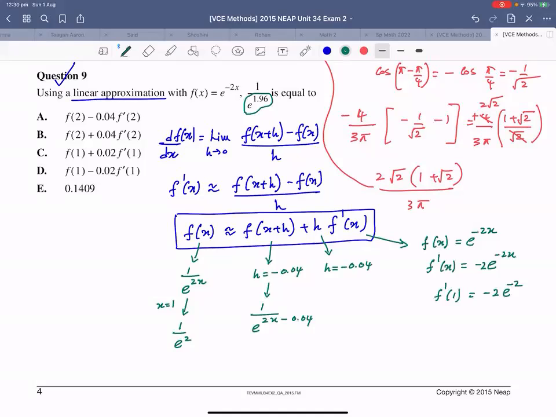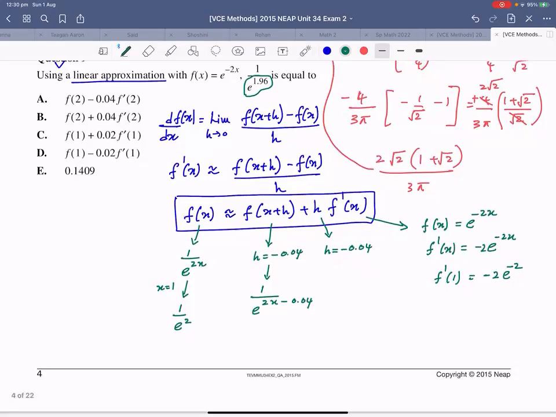So x is equal to 1 now. What is going to happen? You get e to the minus 2 here. Here you get e to the minus 1.9.